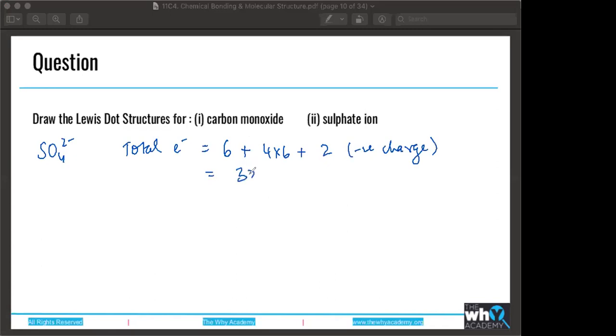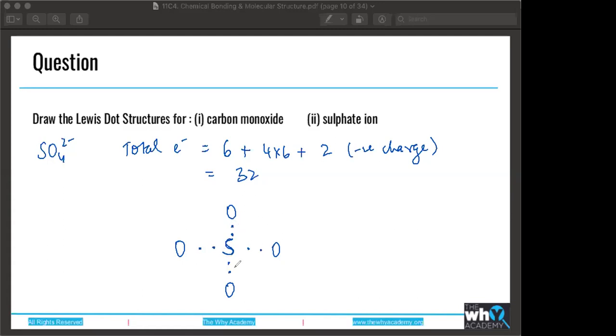So that's 32 electrons. Again, S will be in the center. Arrange the 4 oxygens around it. S is less electronegative than oxygen, so it will be arranged like this. Start by distributing the electrons.